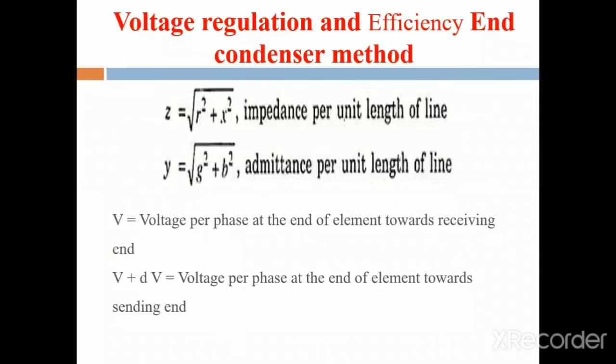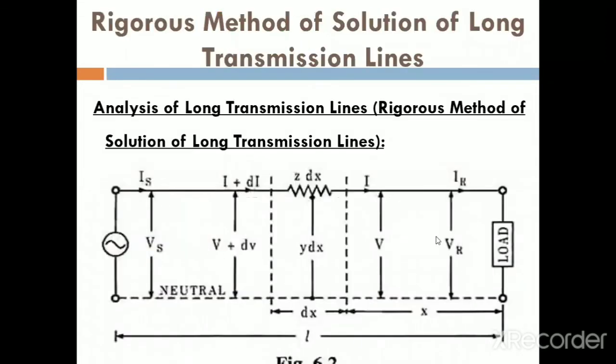Those are the various parameters that will be considered in the rigorous method of solution of a long transmission line. By using this solution, we determine the overall performance or overall losses obtained for these two parameters, z and y.